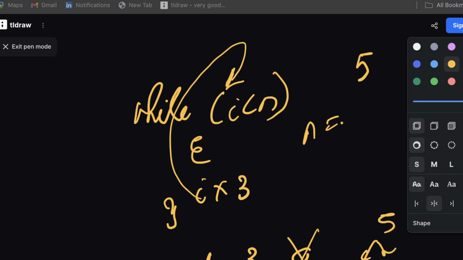So there are two graphs. One is reducing, and one is increasing.